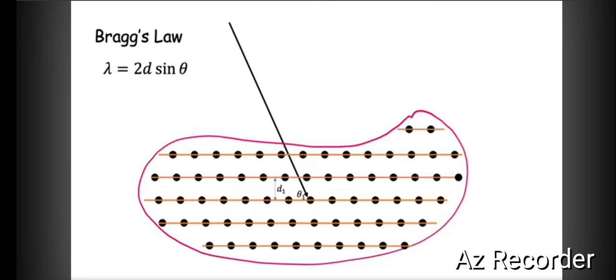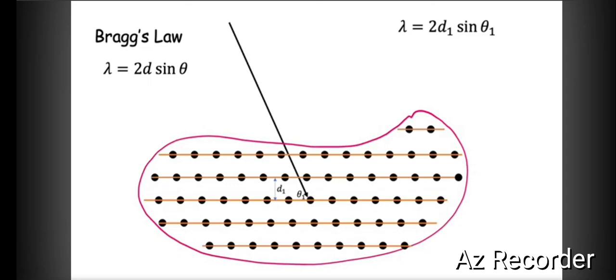So we have to check whether this interplanar spacing d1 and this angle theta 1 satisfy Bragg's law, that is, whether lambda is equal to 2 d1 sine theta 1.